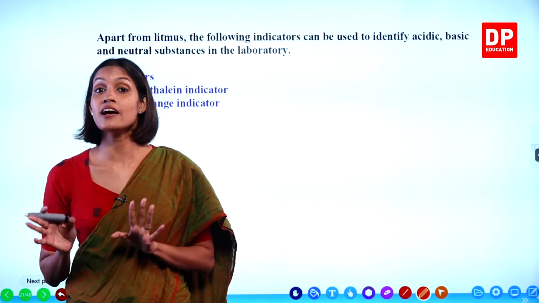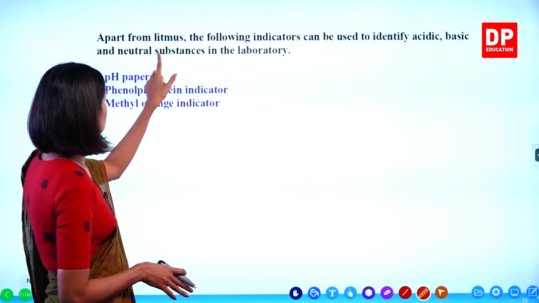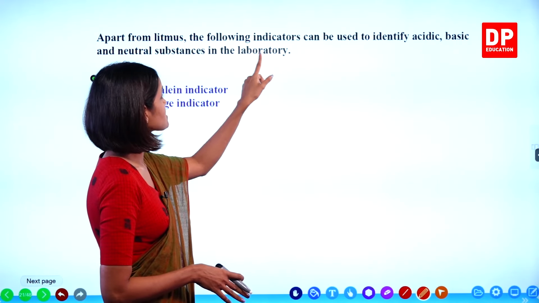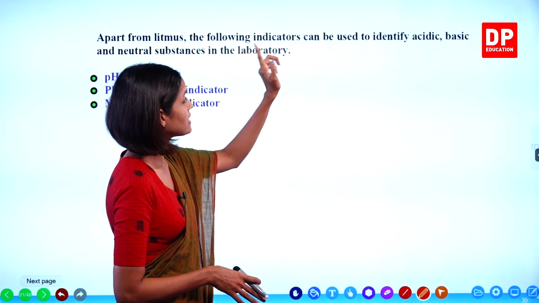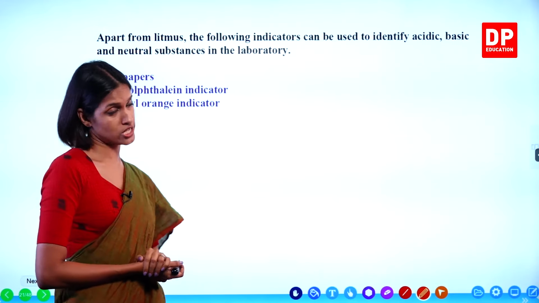So what are these other indicators? We will see. Litmus is a type of indicator that we can use in the lab. Apart from litmus, the following indicators can be used to identify acidic, basic and neutral substances in the laboratory. What are they?